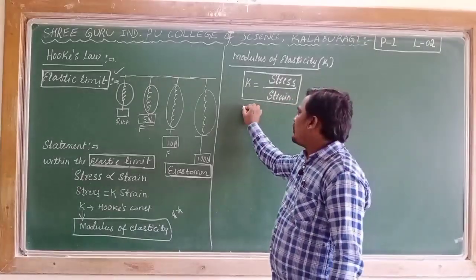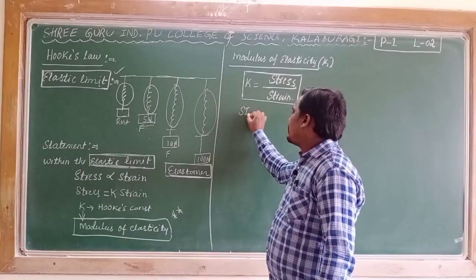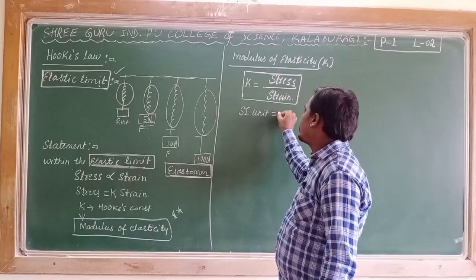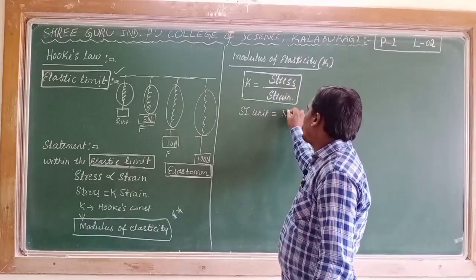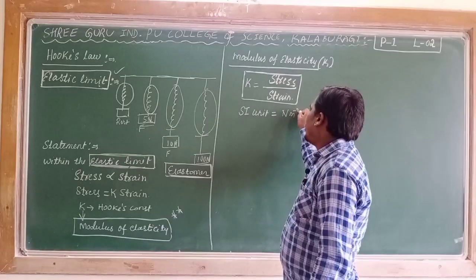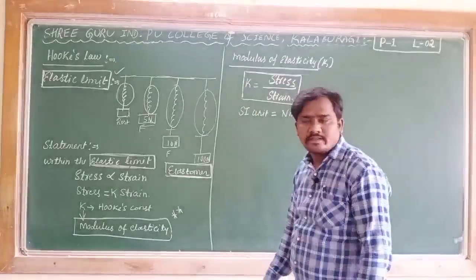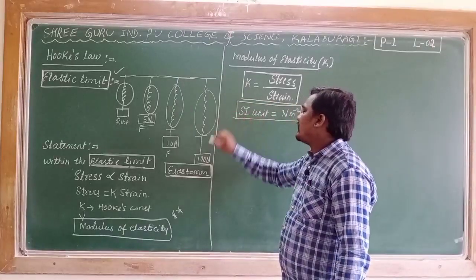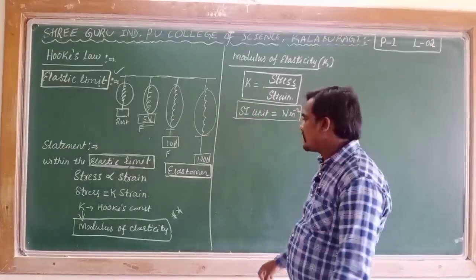What is the SI unit for this modulus of elasticity? The stress unit is Newton per meter square and strain has no unit, so this is the SI unit for modulus of elasticity.